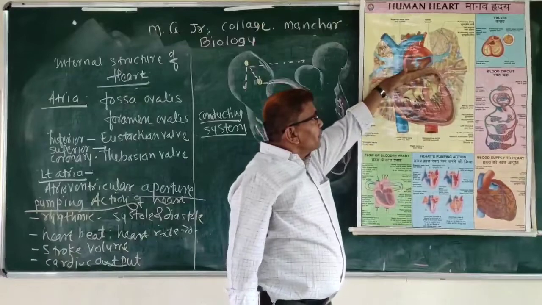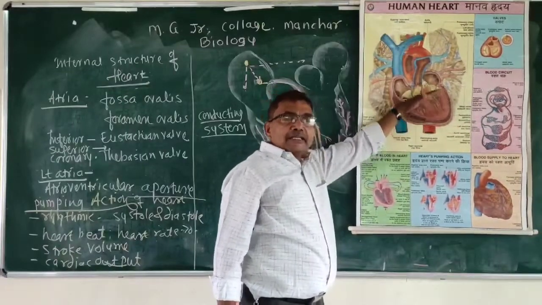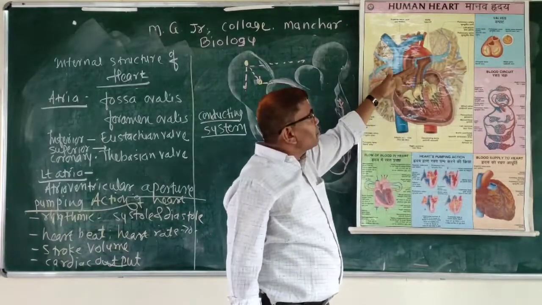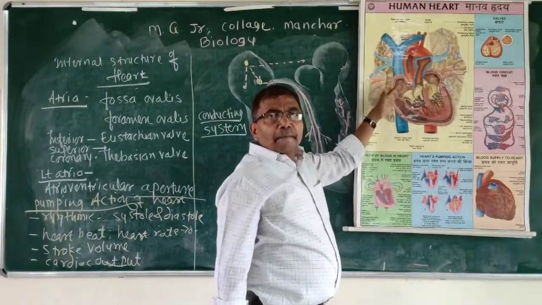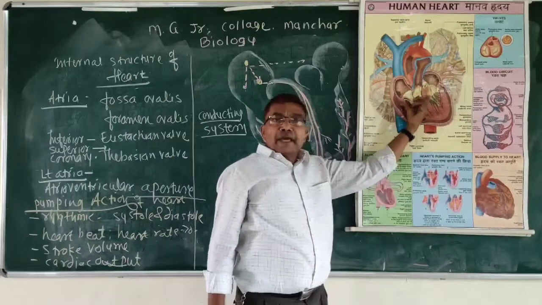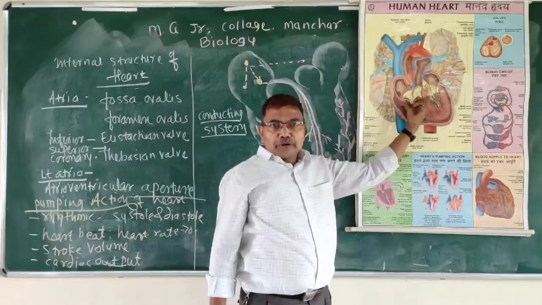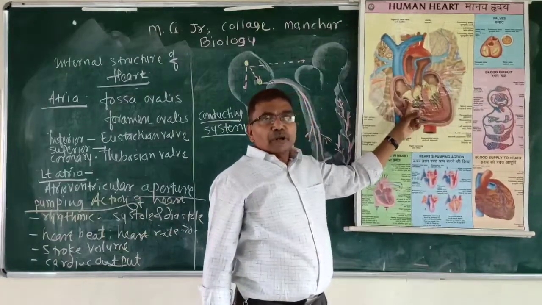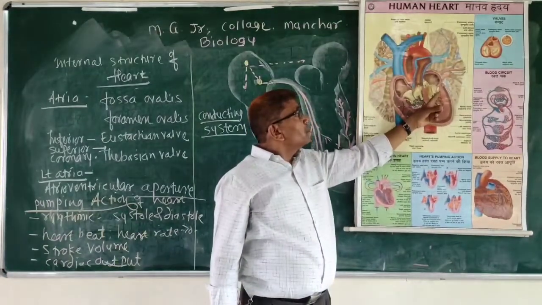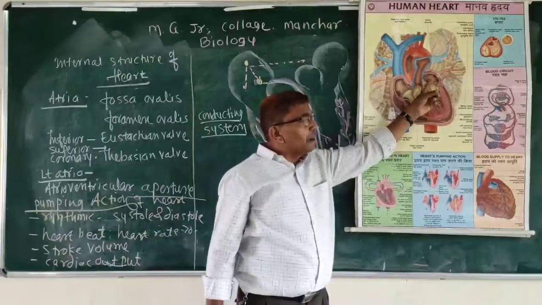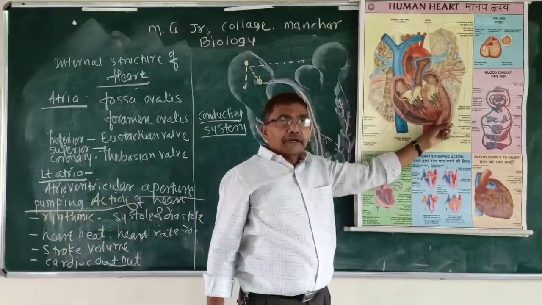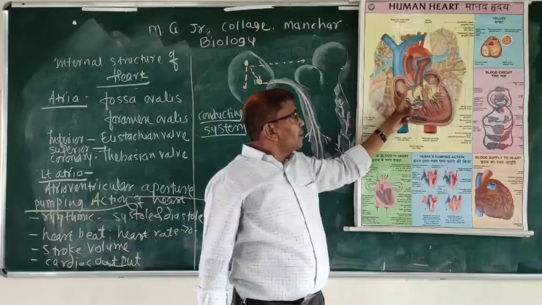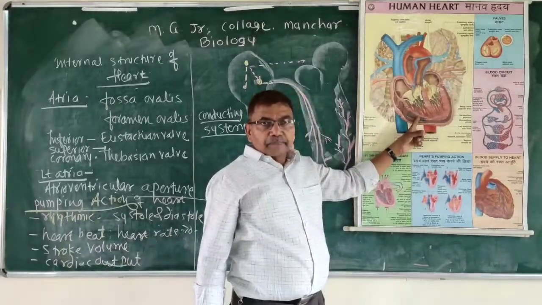We know that between atria and ventricles there is a septum called the atrioventricular septum, and the septum is not continuous, but a pair of apertures is observed. This is called the atrioventricular aperture. One aperture is present between the left atrium and left ventricle, and likewise between the right atrium and right ventricle.